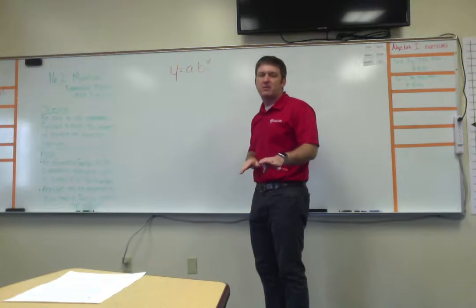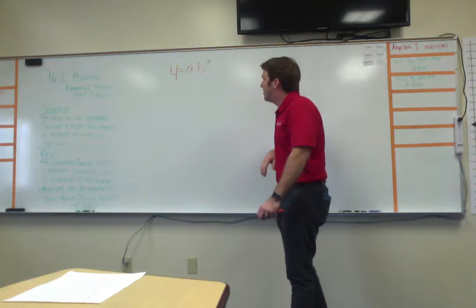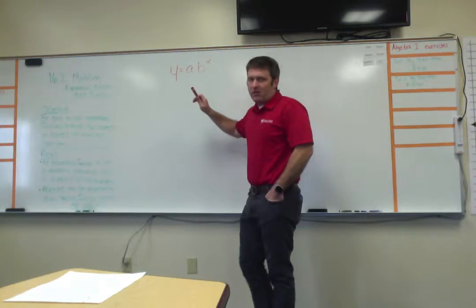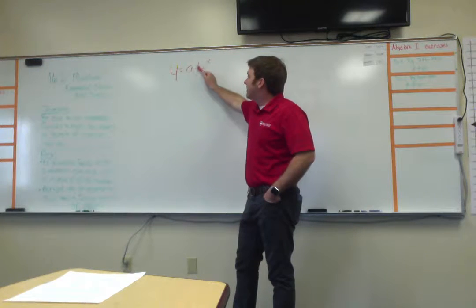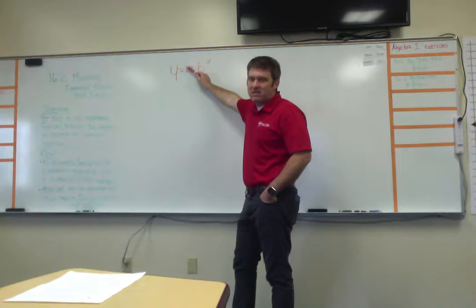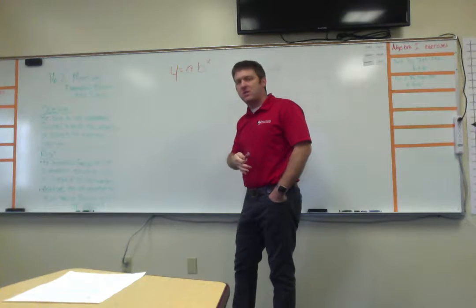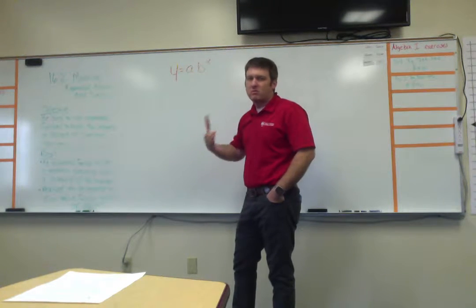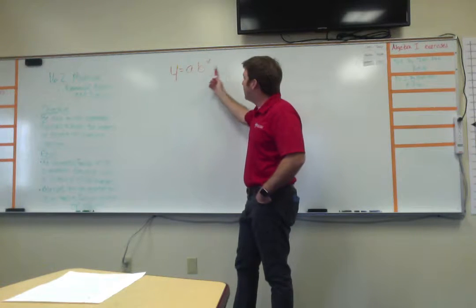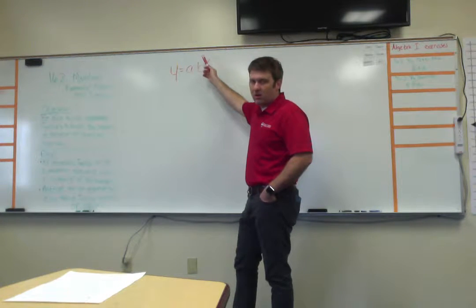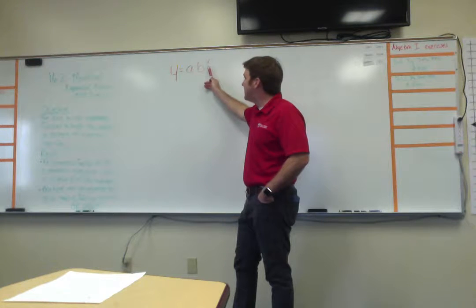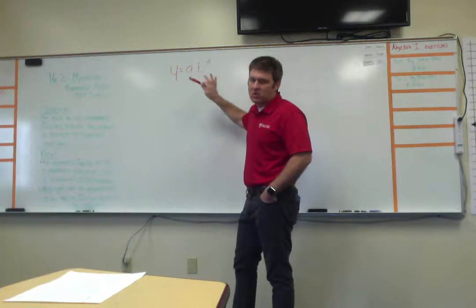That's what makes it an exponential function. Usually, a is our y-intercept, so that's the value when x equals 0. B is what in a geometric sequence we would call the common ratio. That's what we multiply by each time. And then we have our x, which is our input. Okay? So this is how we've seen exponential functions so far.